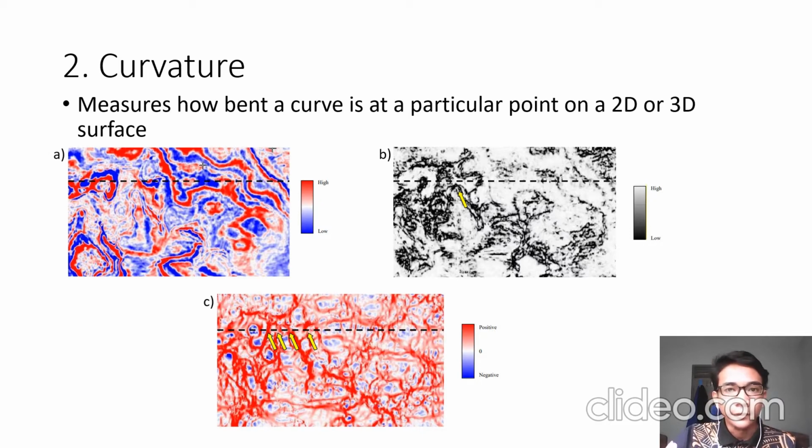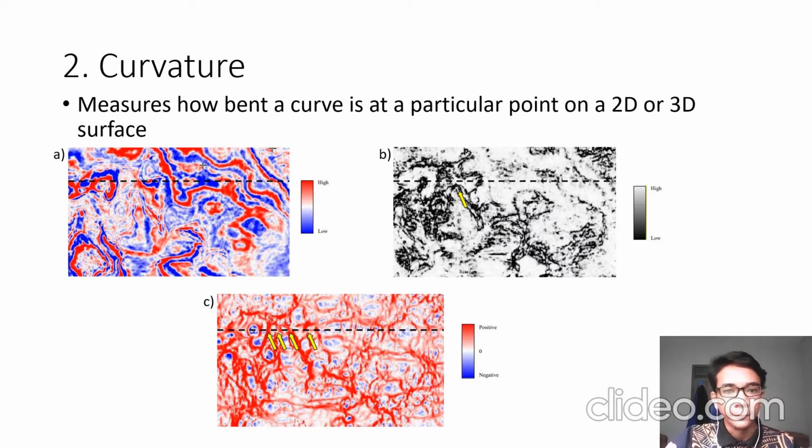Notice that while the coherence display is featureless in the areas of high coherence, which are the white areas, the most positive curvature shows significant structural deformation in the clay marker. Any interpretation carried out on the curvature attribute needs to be correlated with the seismic to make sure that the attribute makes geological sense.